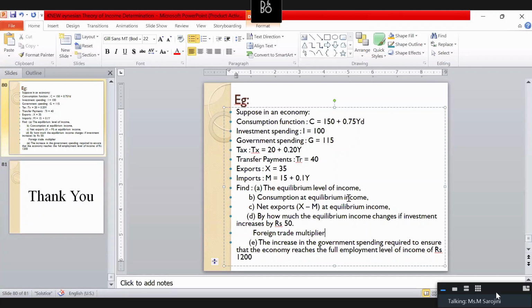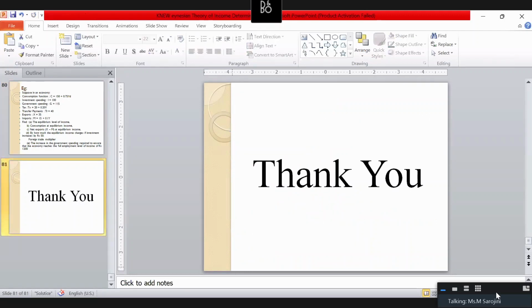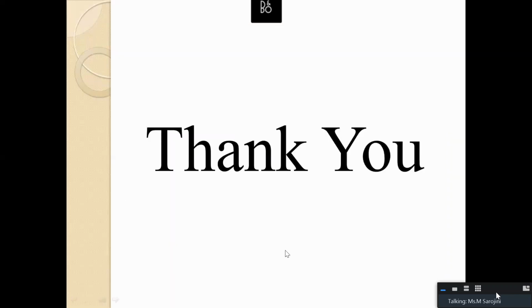So these are the things under the national income determination. With this one, we can conclude this chapter, that is chapter 4, right?